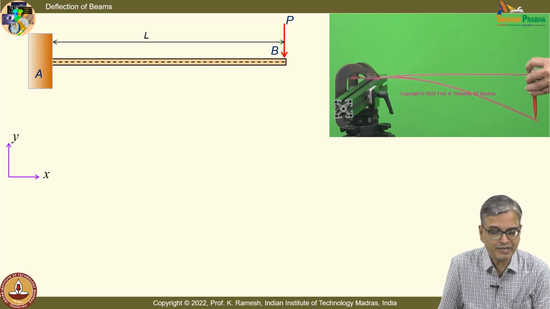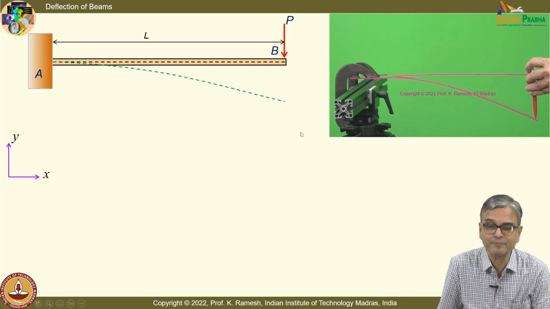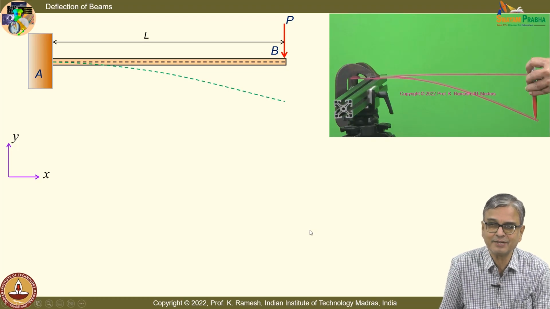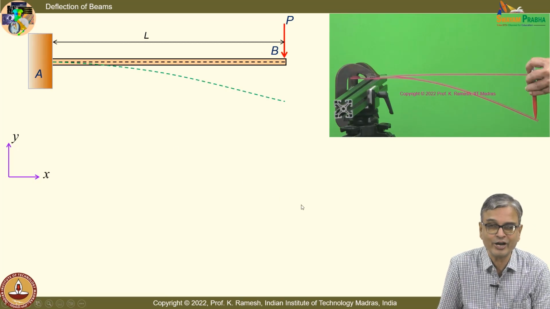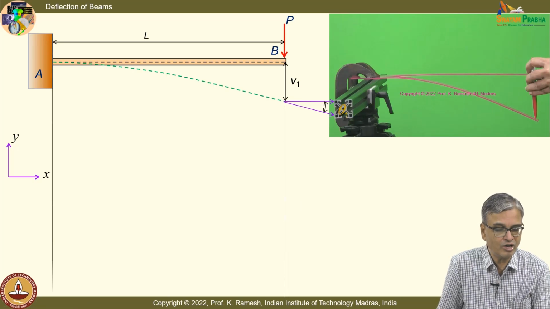So now let us also solve this problem by moment area method, because here again I have a convenient point A where the slope is 0. So I have selected points which are easy to handle, and also the area is easy to find out. First moment of area you can easily find out.